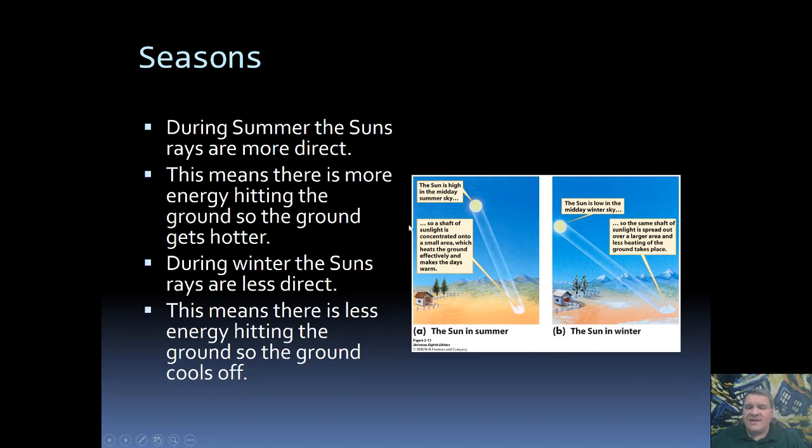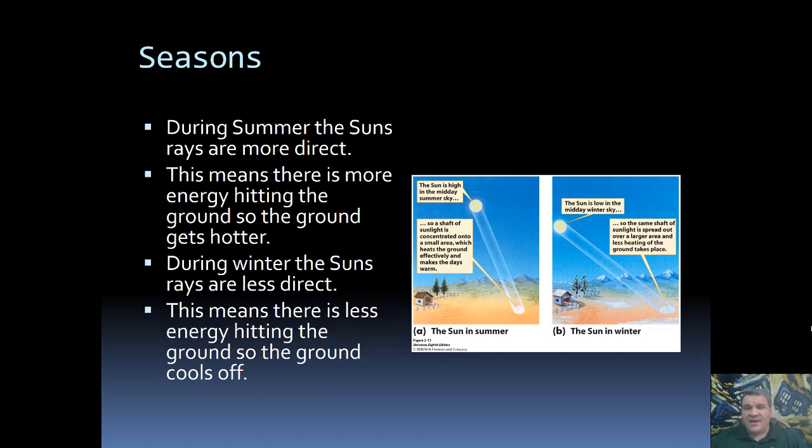Well, when the Sun is higher up in the sky, this means we're going to receive more direct sunlight, and we are also going to have longer daylight hours. What this means is that that hemisphere is going to receive more energy from the Sun. If it receives more energy, then the temperatures are going to be higher. So when the Sun is at its highest up in the sky, these are going to be times of summer.